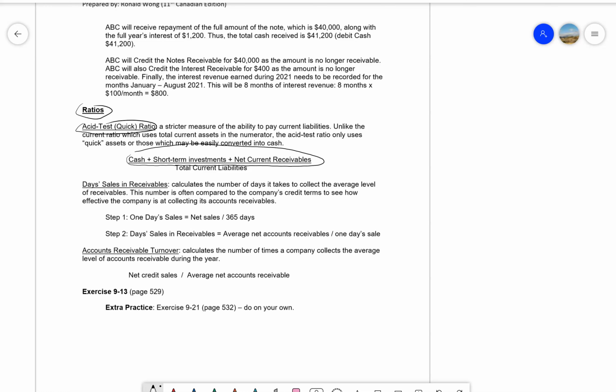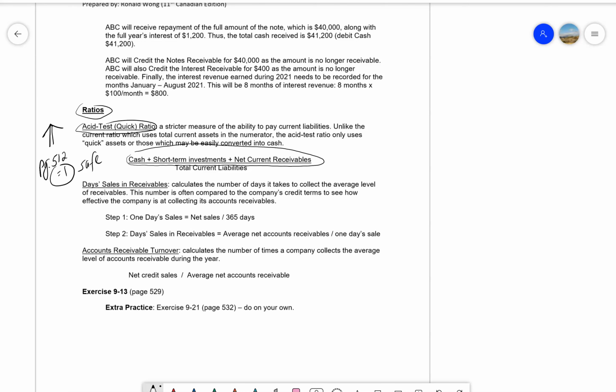Now, with the ratios that we've looked at in the past, we have to identify whether a higher or lower ratio is generally better. The acid test or quick ratio, generally speaking, a higher acid test or quick ratio is better. Now, in the textbook on page 512, they say that usually an acid test or quick ratio around 1 or higher is generally going to be a safe ratio.